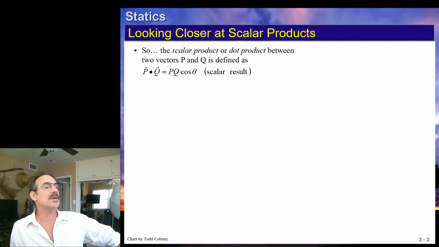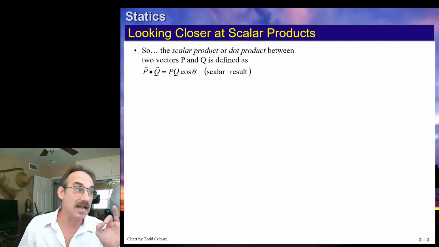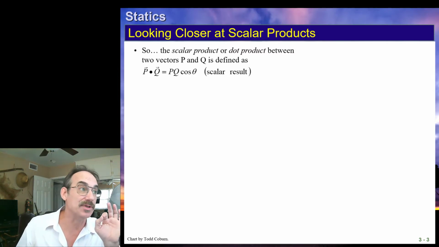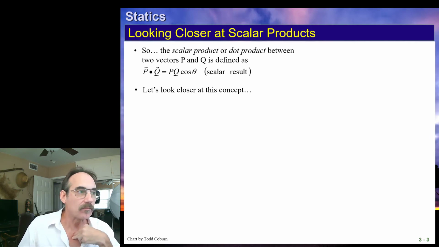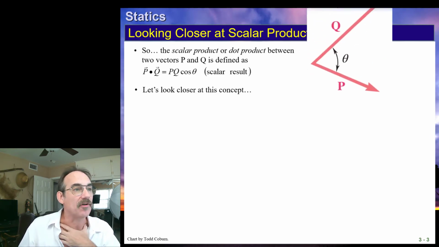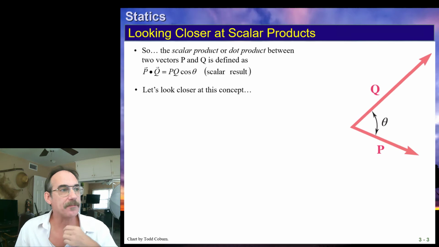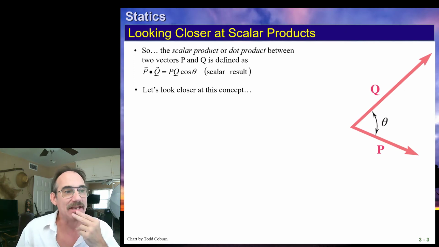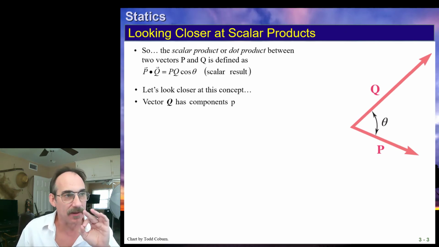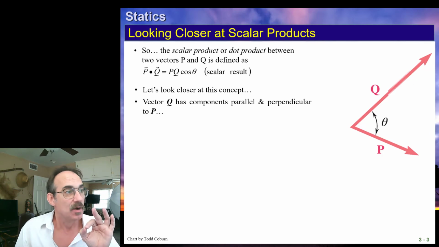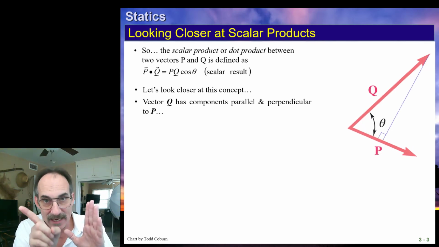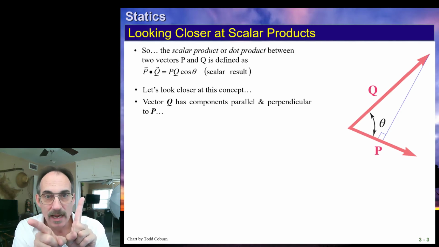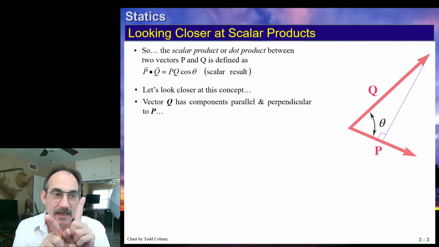All right, so we defined our scalar product, or our dot product, as P dot Q equals PQ cosine theta. If we look at this concept further, we see this P and Q with this theta. Focus on these two vectors. We've got P and we've got Q, and they form a plane.